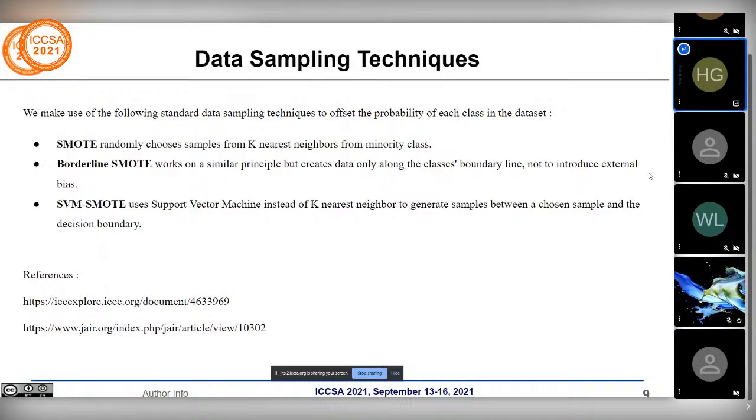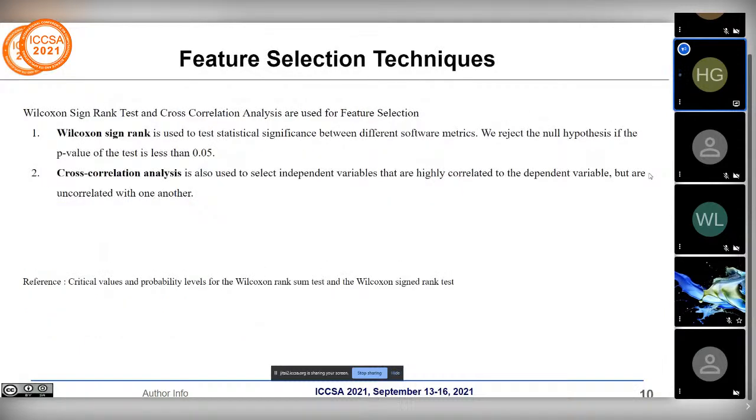Now, feature selection techniques. Wilcoxon signed rank test is used for statistical significance between different software metrics. We reject the null hypothesis if the p-value of the test is less than 0.05. For reading more about p-value, please refer to the paper. Cross correlation analysis is used for selection of independent variables that are highly correlated to the dependent variable but are uncorrelated with each other.